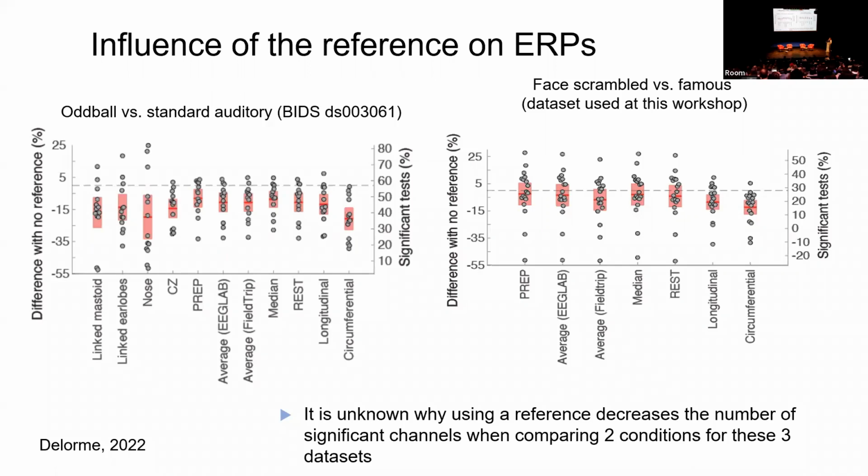We don't know why using no reference here is superior to using a reference. So basically, if you use a reference, it increases the number of significant channels. Yeah, but we can look at the comparison, and yeah, average reference usually does pretty good.